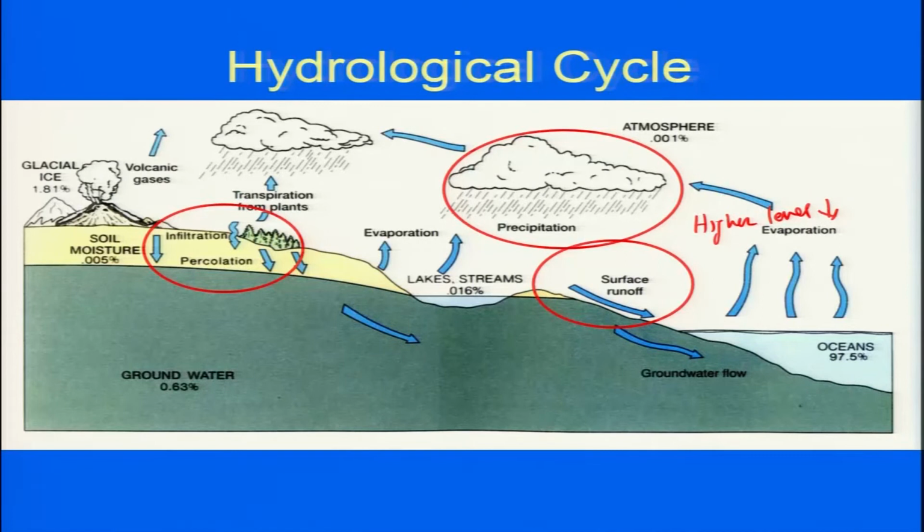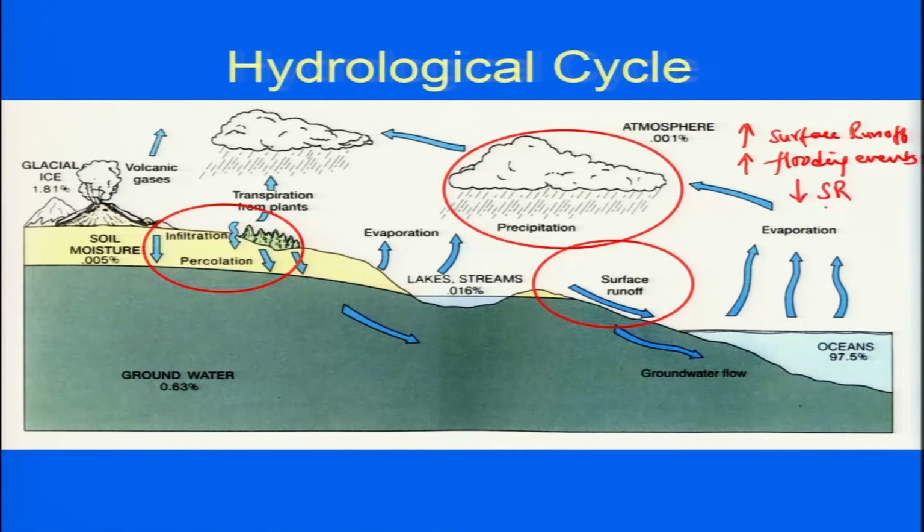But if you are having high surface runoff, you will have greater chances of having flooding events, and if you have less surface runoff, you will have less chances of having flooding events.